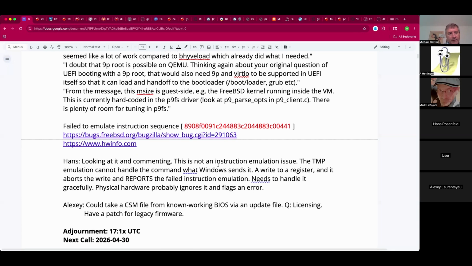Is the one supporting Windows 2008 one and the same as having CSM included, or is that yet older? No, so we potentially have three of them.